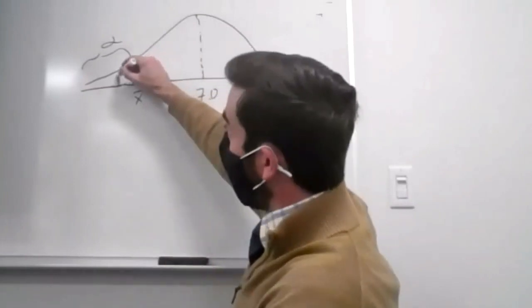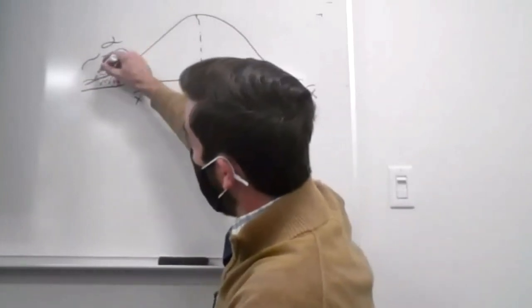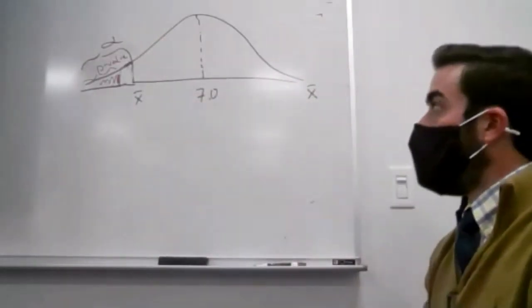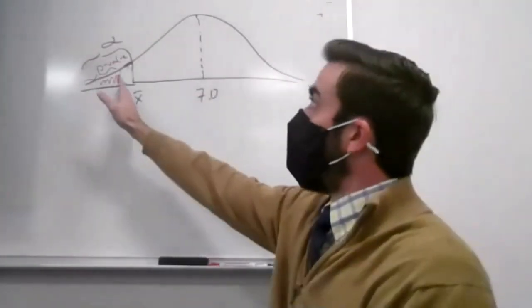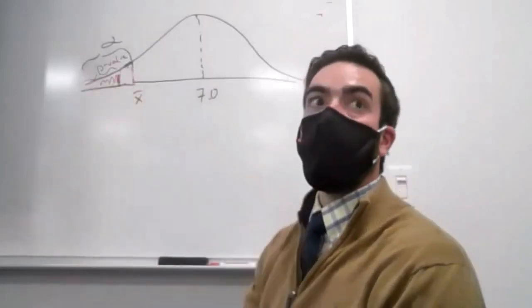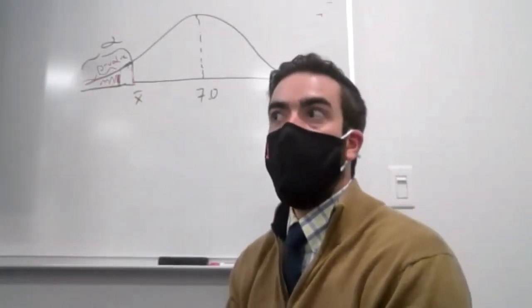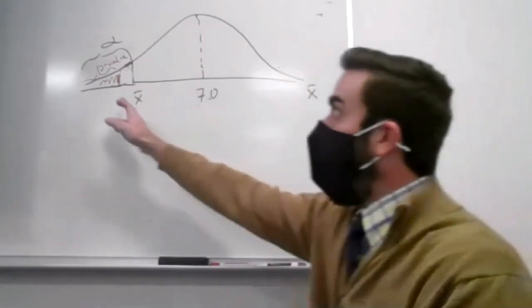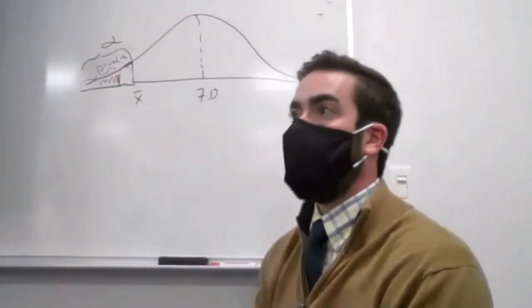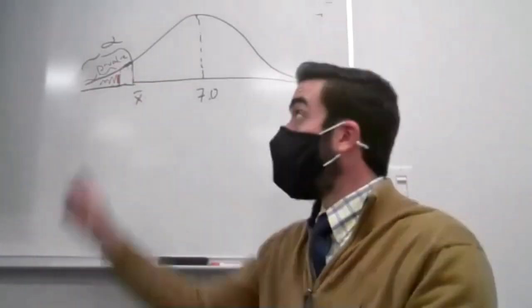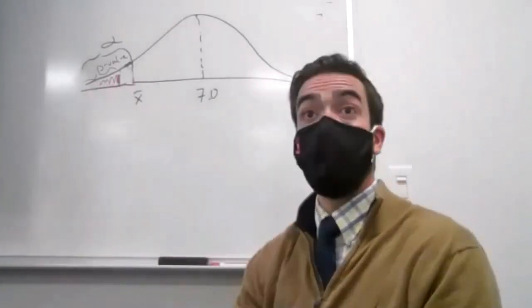So this red area represents my p-value, okay? So for any sample mean that I see in this range, this p-value is going to be less than alpha and I'd be rejecting. However, if this in fact ends up being the true population mean, I shouldn't have been rejecting for any of those. So that's why alpha is our type 1 error. We were rejecting when we shouldn't have been.